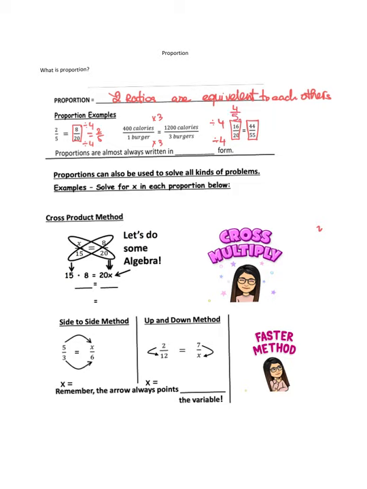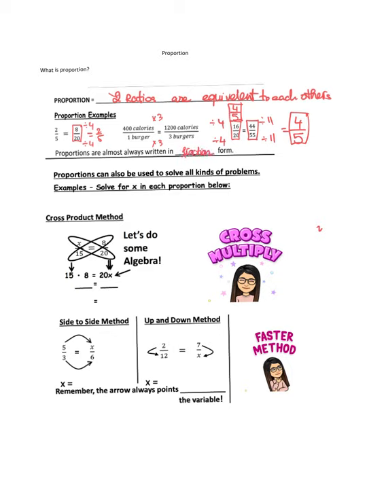And then 44 and 55, I divide by 11. 44 divided by 11, I got 4. 55 divided by 11, I got 5. So they are both equivalent to 4/5, which means they are the same. So a proportion is almost always written in fraction form.